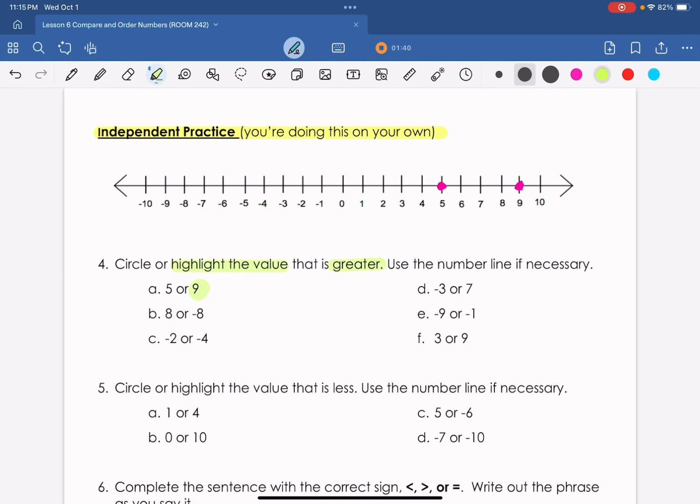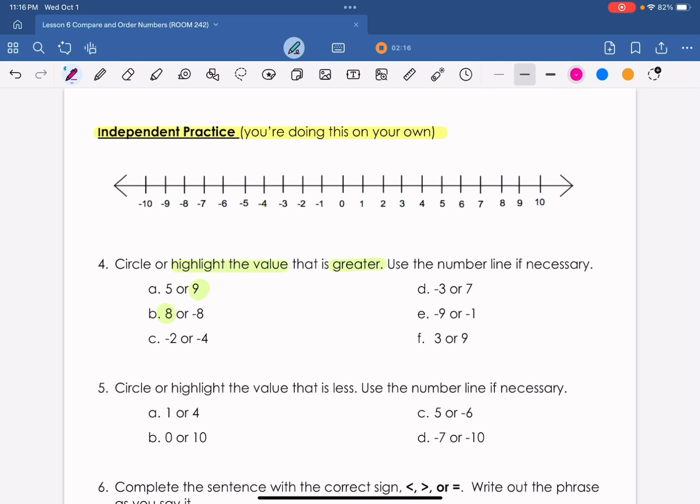All right. We have 8, which is over here, 8 units to the right. And we have -8, which is 8 units to the left. I'm looking for the number that is furthest to the right, which would be 8. So I know that +8 is greater than -8. Okay. We now have -2 or -4.